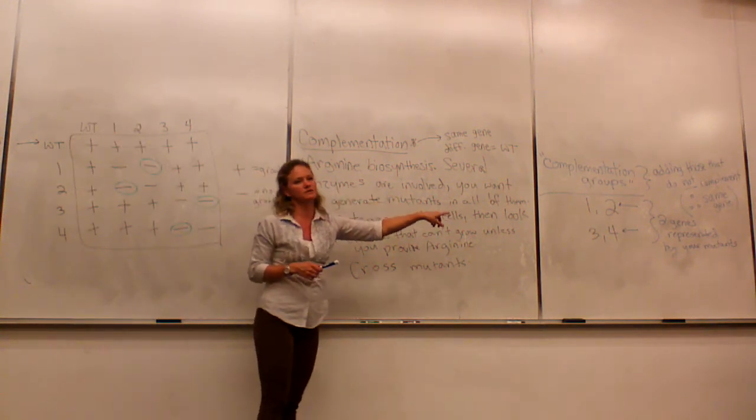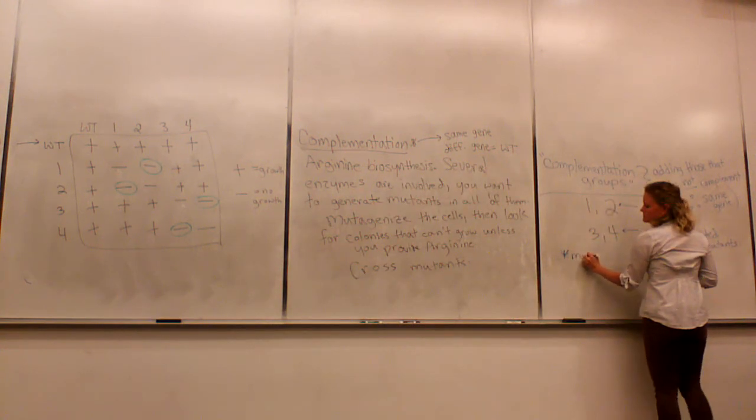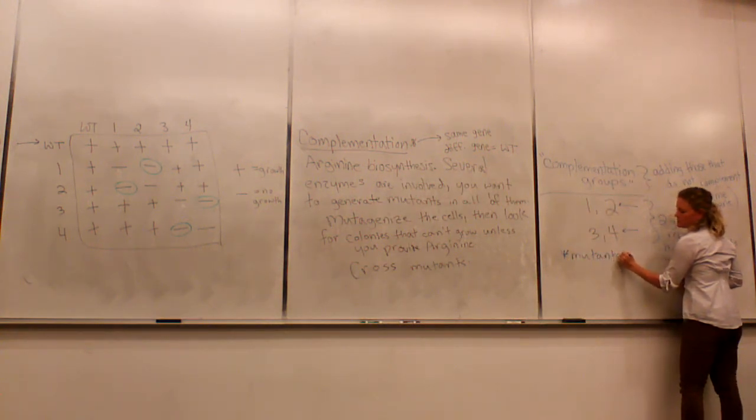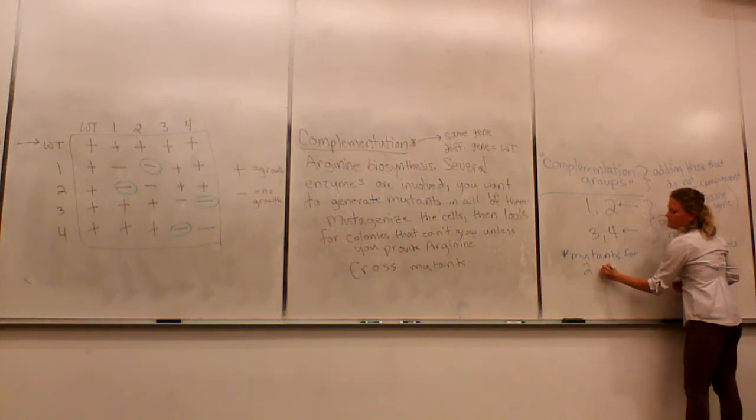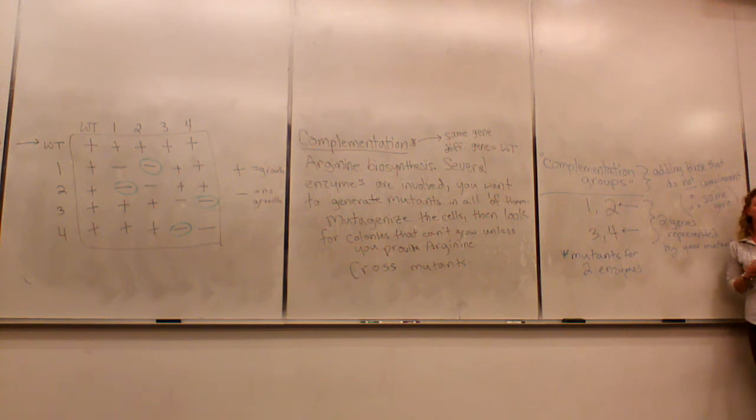So 2 genes represented, you successfully generated mutants for 2 of the enzymes in this pathway. That's the conceptual thinking, your final answer for this. If you're thinking about what that means for this biosynthesis pathway, that's what you did, based on looking at whether those genes complement and give you back a wild type phenotype or not.